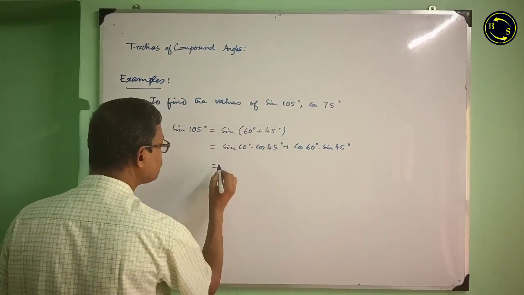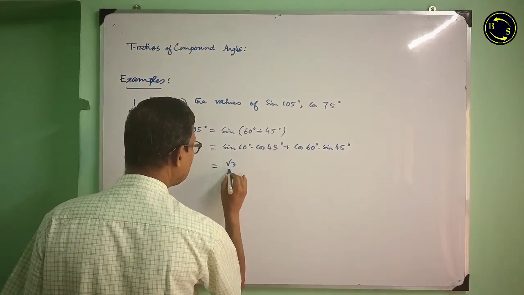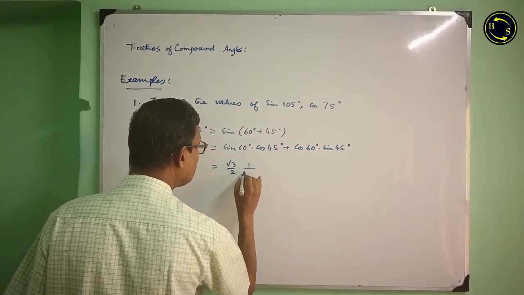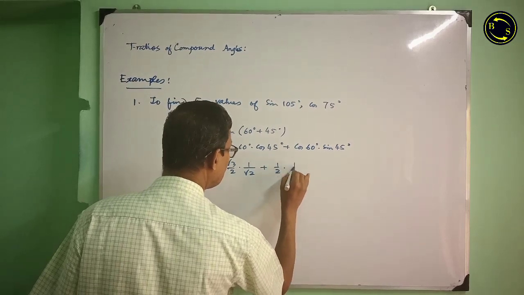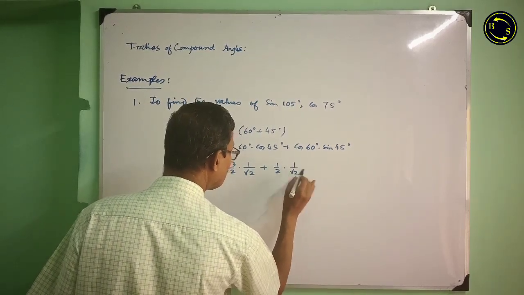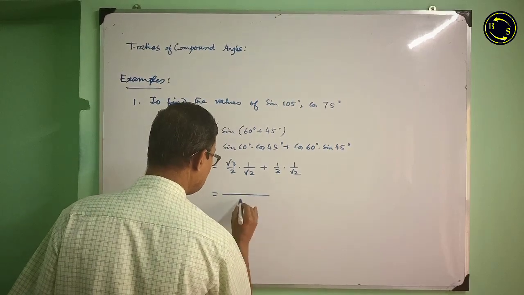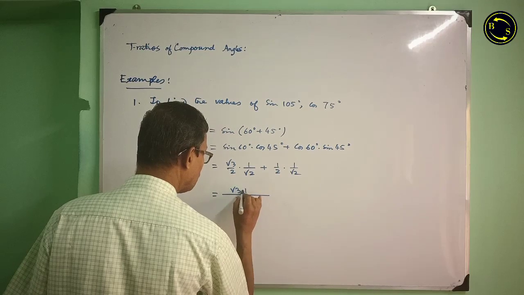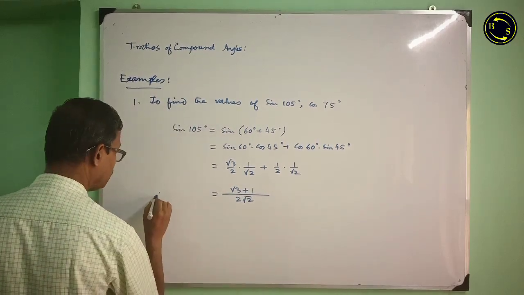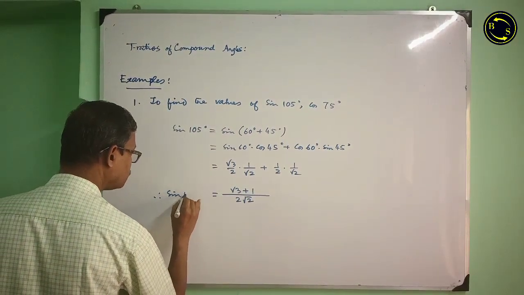Now put the values root 3 by 2, 1 by root 2 plus half 1 by root 2. After simplification it will be root 3 plus 1 by 2 root 2. Therefore sine.